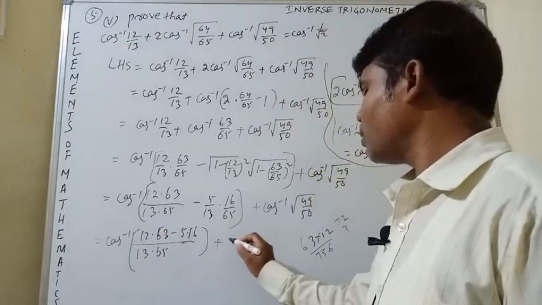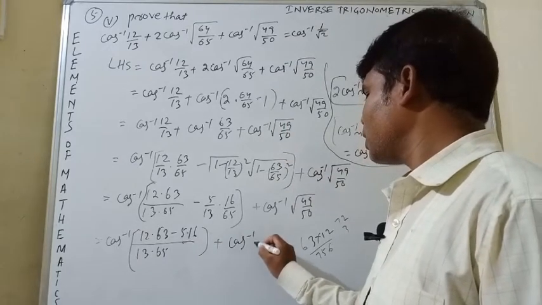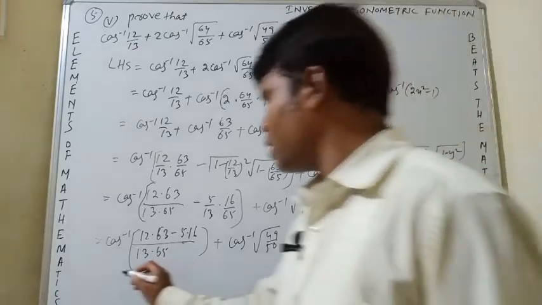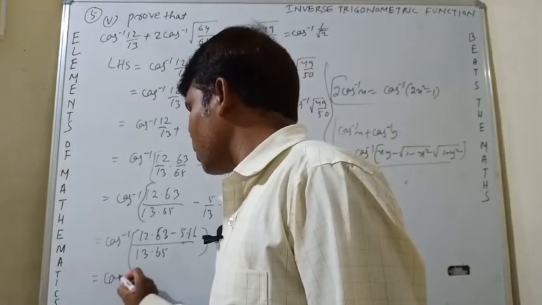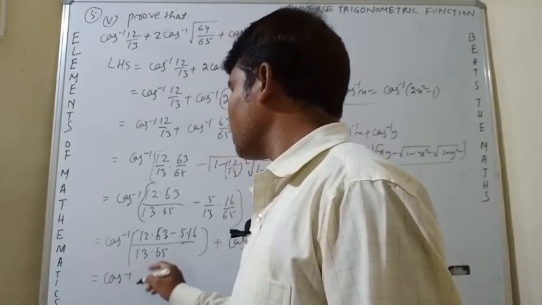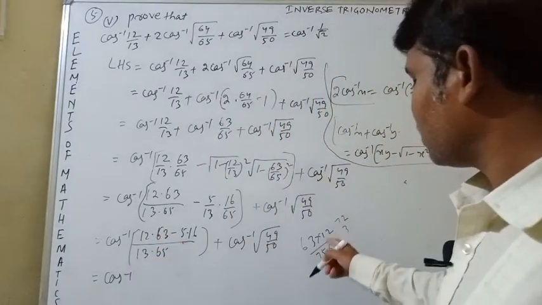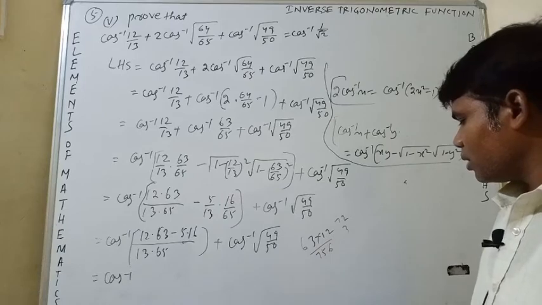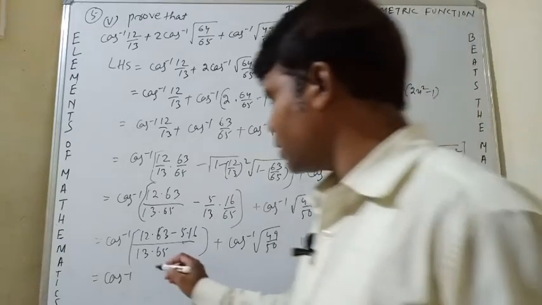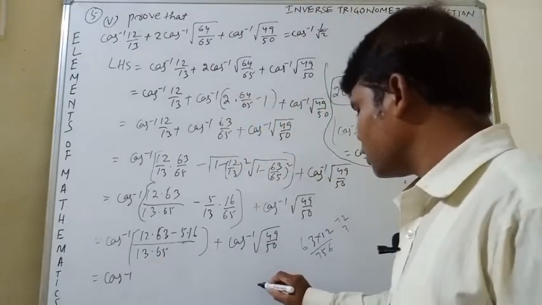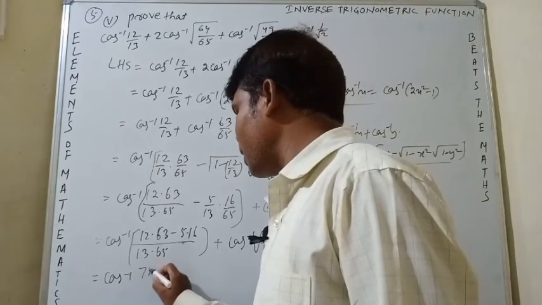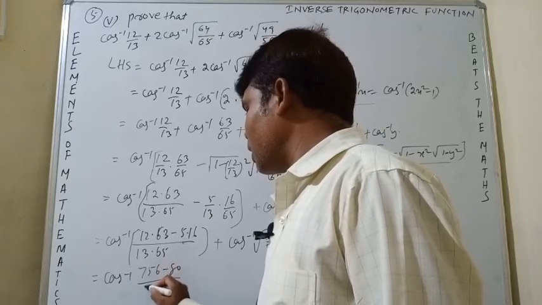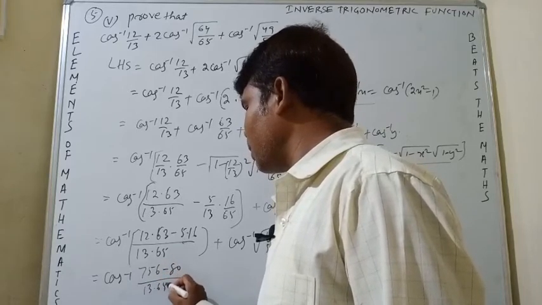is equal to plus cos inverse root over 49 by 50. Okay, this is how much? This is cos inverse. This is 12 to the 6, 3, 12 6 the 72 plus 3, 756. 756 minus 80 by 13 into 65.